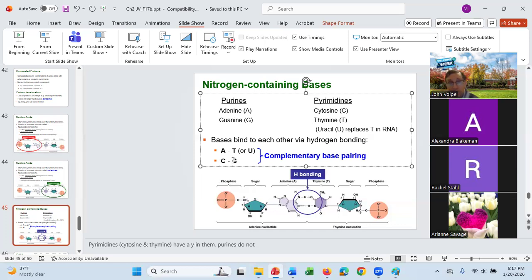The hydrogen bonds between A and the T are always two hydrogen bonds. And between the C and the G, they are always three hydrogen bonds. Remember, the two strands of DNA are only held together by the hydrogen bonds between the nucleotides of the strands.